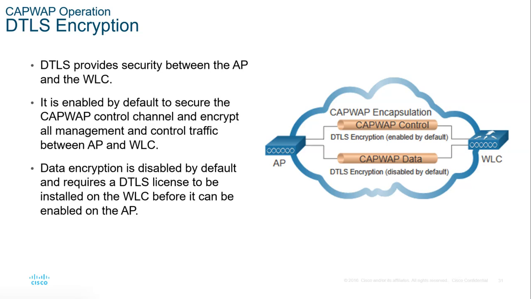Data encryption is disabled by default and requires a Datagram Transport Layer Security license to be installed. So for encryption, you need a license to be installed on the controller before it can be enabled on the AP. So it's not free of charge.